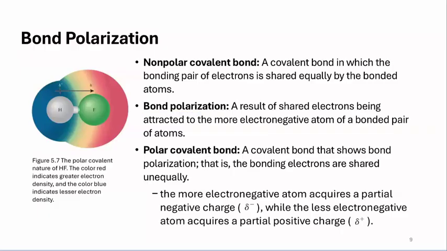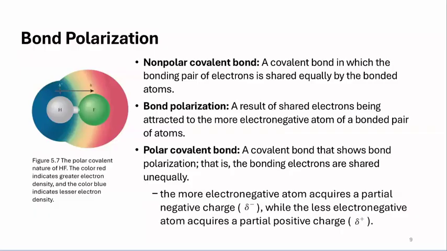In bond polarization, all we're trying to illustrate is that if there is a difference between the electronegativity of two bonded atoms, then because one side has a higher electronegativity value, electron density will be pulled more towards it.